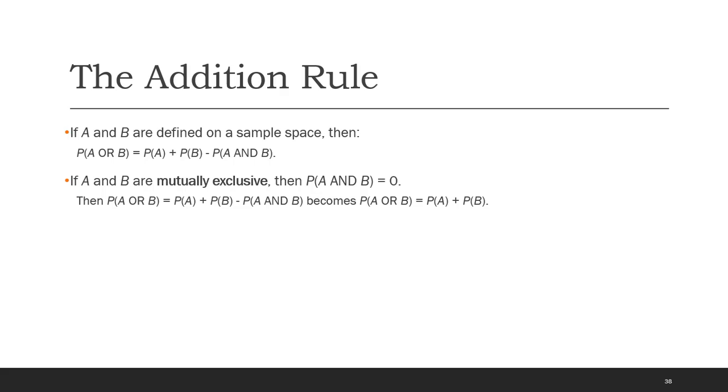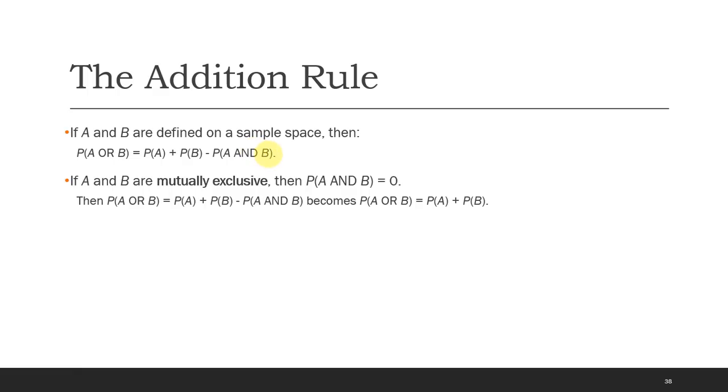The other rule that we're going to talk about is the addition rule. This is another rule designed to make your life just a little bit easier. If you have the probability of A or B, you add up the probability of A and B, but the intersection ends up getting counted twice, so you subtract that off.